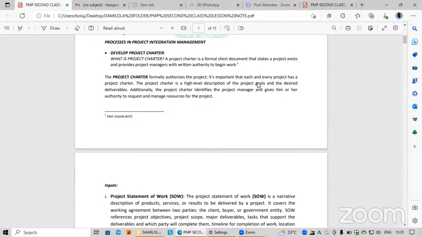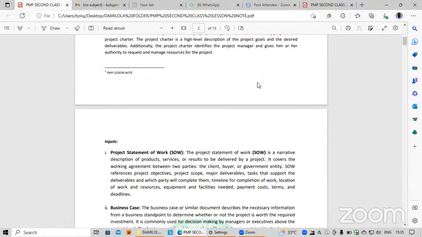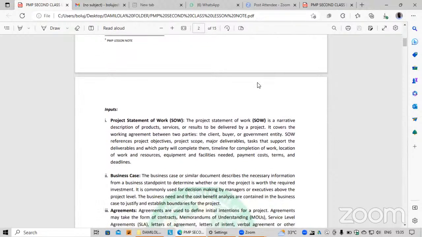As the first duty of the project integration manager, part of the input that can help you in successfully developing a project charter is a document called the Project Statement of Work. There are different documents we'll be talking about as we proceed in this training.